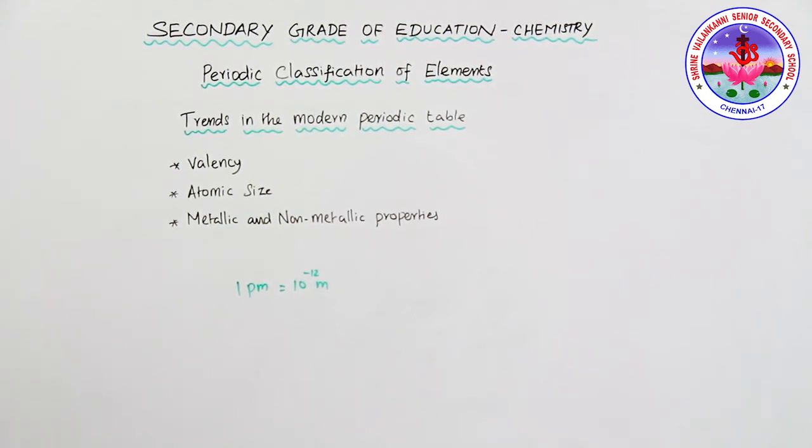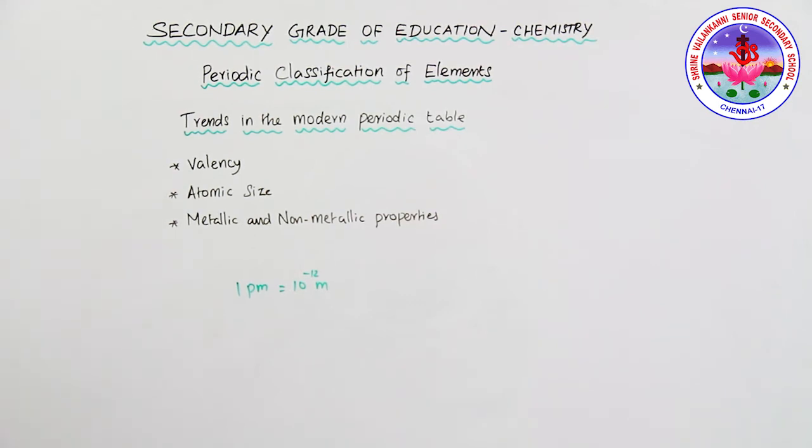In the modern periodic table, you have already seen that a zigzag line separates metals from non-metals. The borderline elements boron, silicon, germanium, arsenic, antimony, tellurium and polonium have intermediate properties and are called metalloids or semi-metals.